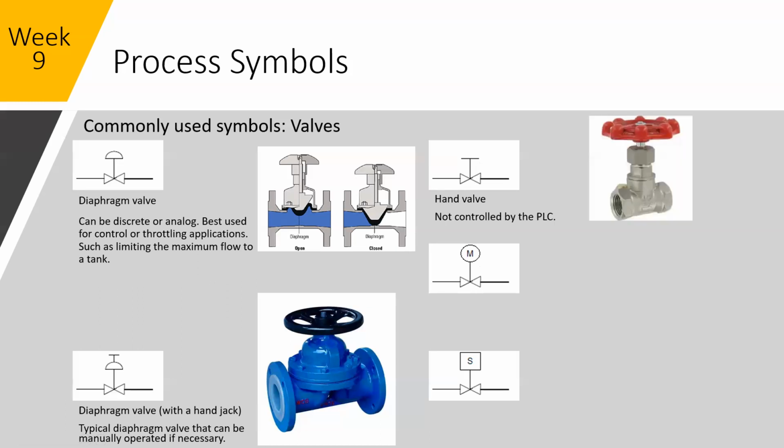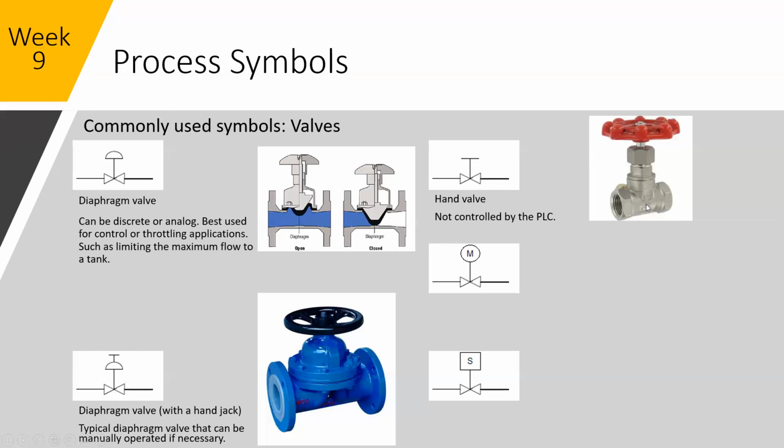So this is just a hand valve. These come in all shapes and sizes. This particular one has a small handle, like you'd have on a garden hose. These could also be the quarter turn open and close ball valves as well. It doesn't have to look like this handle; I've seen this used for ball valves.